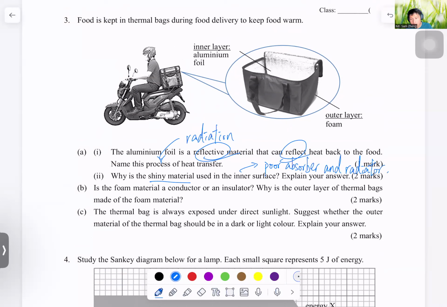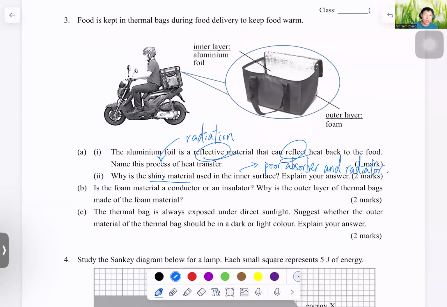Okay, poor absorber and also radiator. So as they are a poor absorber and radiator, in this case it will help the trapping of heat energy inside the thermal bag. It will reduce the thermal energy emitted through the bag.